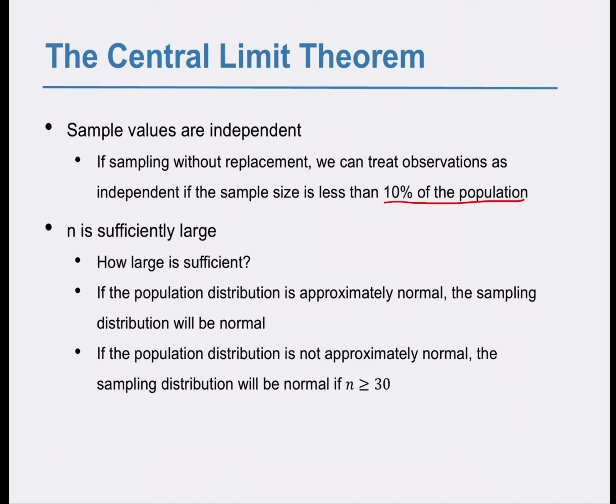We often don't know the shape of our population distribution, because if we knew what the population looked like, we wouldn't be doing statistics. So if we know that it's not normal, or we don't know that it is normal, we can still assume that the sampling distribution will be approximately normal for n greater than or equal to 30. That's our rule of thumb here.